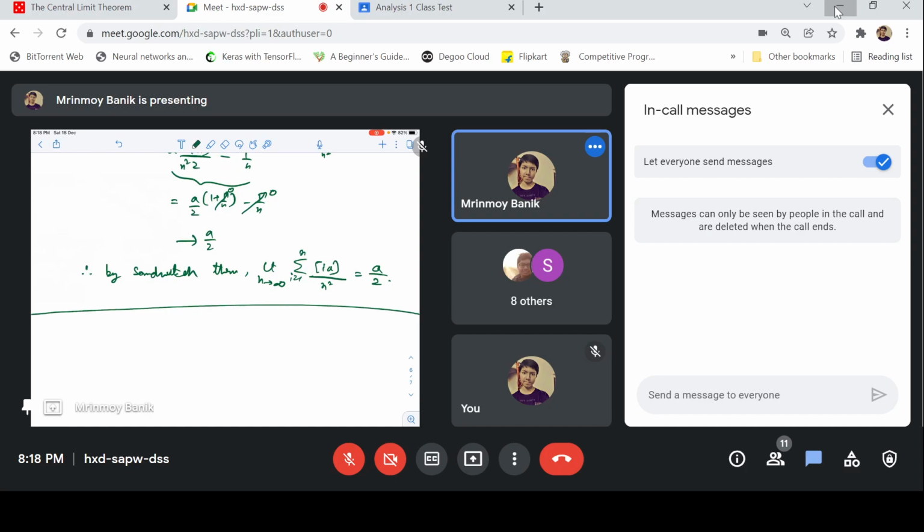Now we need to show the sequence f of xn is also convergent and converges to f of A, assuming f is continuous.